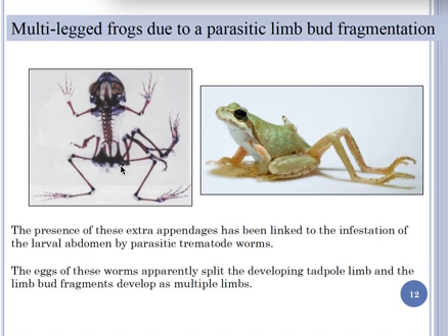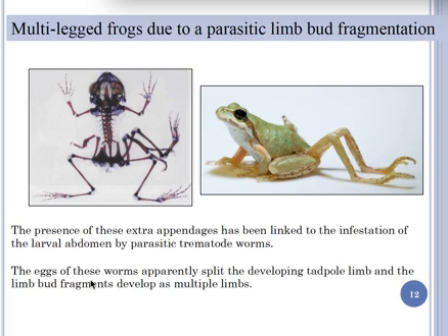Actually, this lab was close to another lab working on trematoda, the parasitic worms, and some of these worms escaped to the next lab working on frogs, and infected the abdominal part of the larvae in these frogs, and they split the limb bud into different fragments.